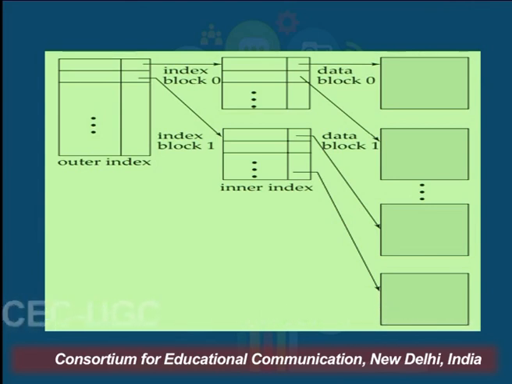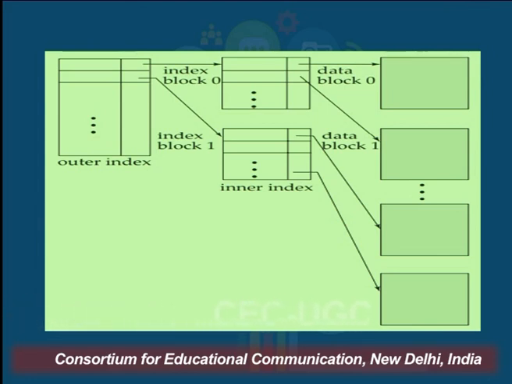That outer index is pointing towards an inner index, and each entry of the outer index is pointing towards one particular block, or one particular section, inside the inner index. That is why I am saying my outer index is a sparse index.